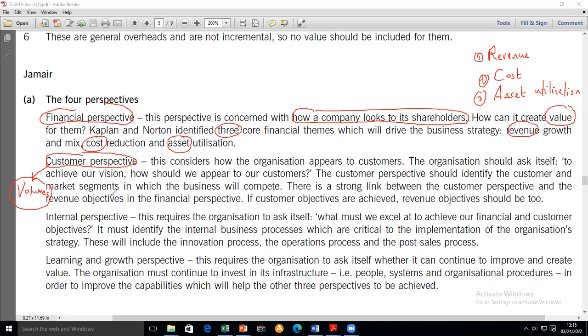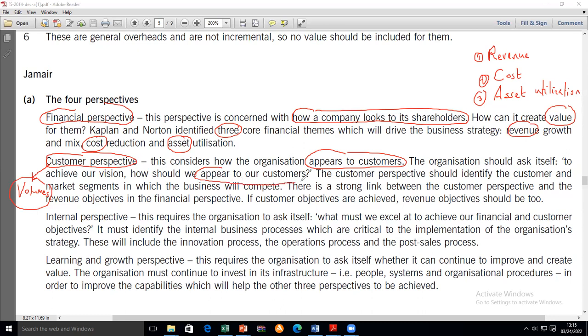So we need to get evidence of how do we appear to our customers. The organization should ask itself, to achieve our vision, how should we appear to our customers?